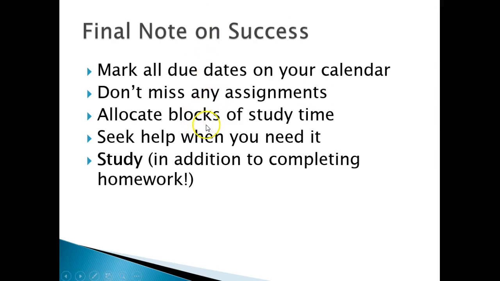I would recommend allocating blocks of study time. Remember to treat this course like a foreign language, and therefore you need to practice it like a foreign language. Put together some note cards, flashcards, or just little study guides for yourself, and spend 10 to 15 minutes at a time, whether that's sitting in a dentist's office, waiting for an appointment, waiting for your kid in a parking lot, I don't know, eating your breakfast in the morning.